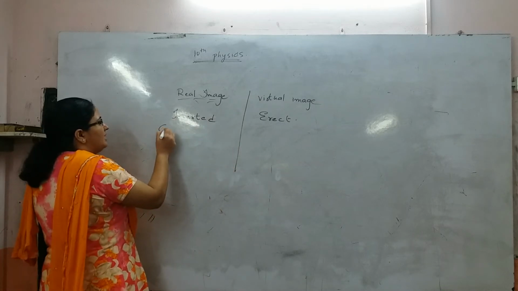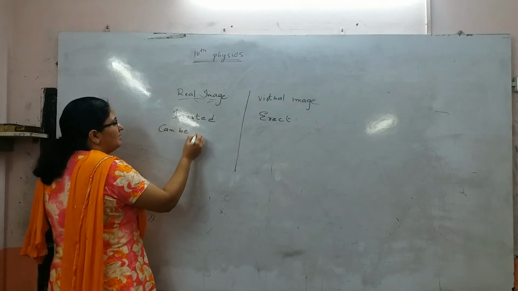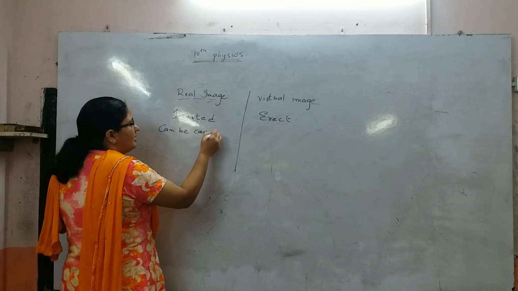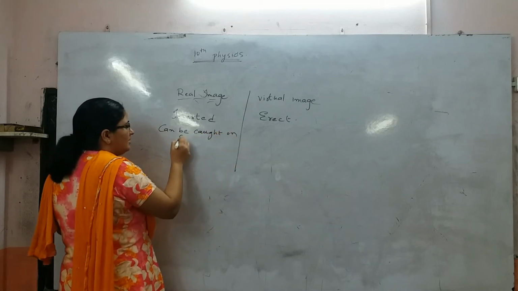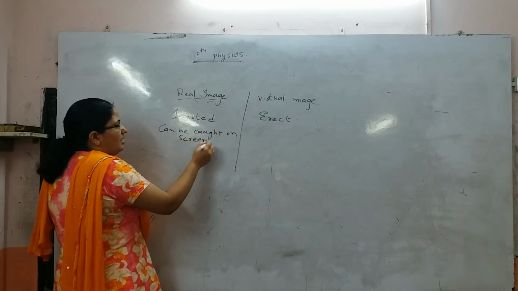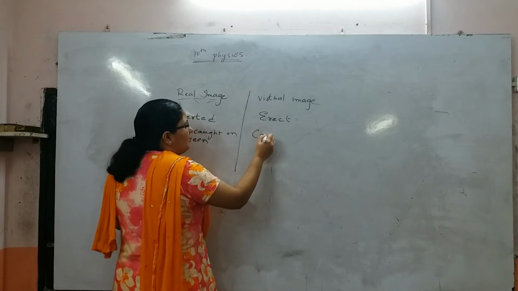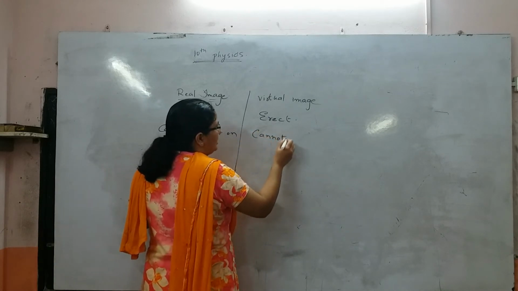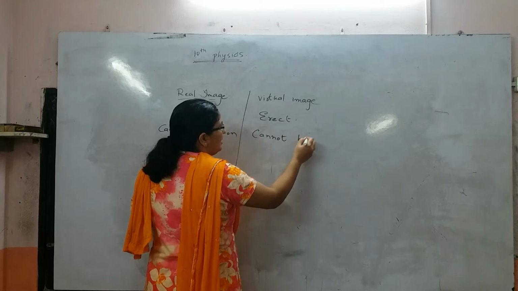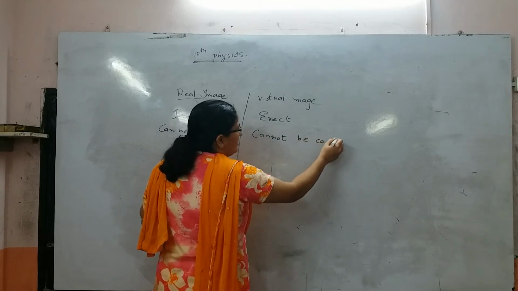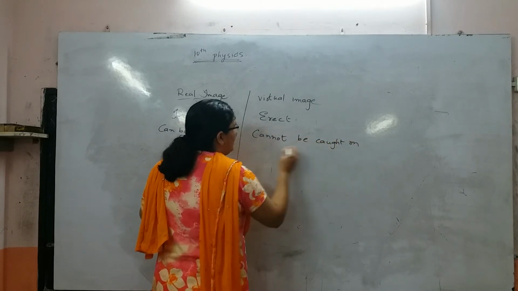A real image can be caught on screen. A virtual image cannot be caught on screen. It is formed in the mirror itself.